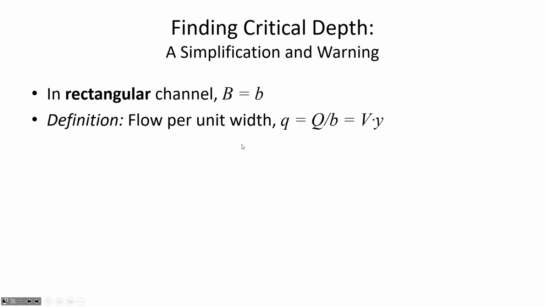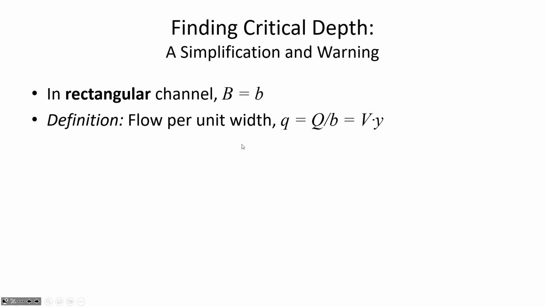So that is 2.5 cubic meters per second per meter. In other words, another way we could express those units is 2.5 meters squared per second, because there's meters in the denominator, which cancels out with the meters in the numerator.